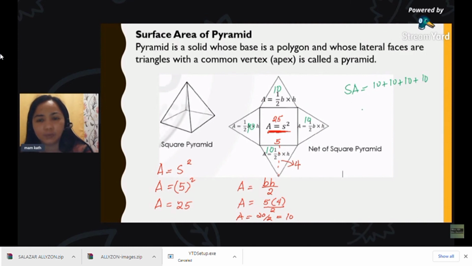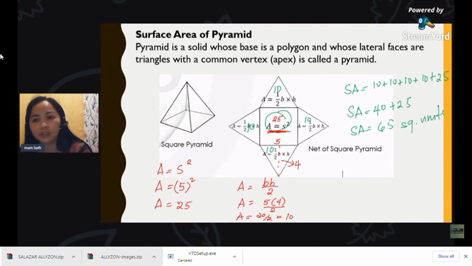Or you can write it 4 times 10 plus 25. Nanggaling yung 25 sa area ng square. So, we have here surface area is equal to 40 plus 25. Surface area is equal to 65 square units. So the surface area of this pyramid is 65 square units.